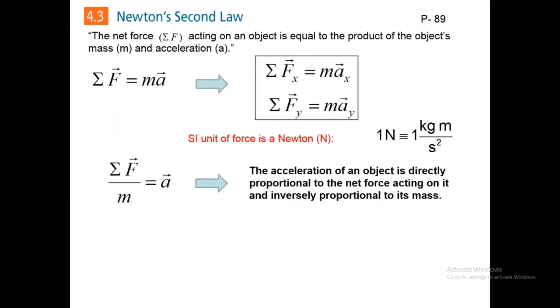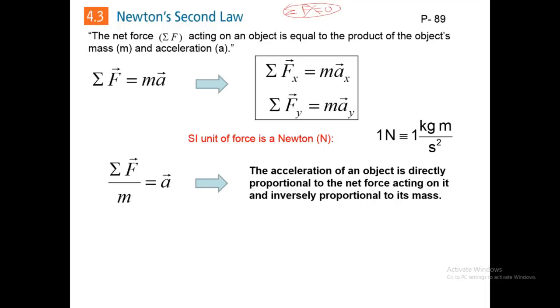Now, Newton's second law of motion. First we will discuss the 3 laws, then we will discuss one example, and we will use our knowledge to solve the problem. So Newton's second law of motion: you remember in the first law of motion, net force was 0, right? But here it's not zero, it's having some value.